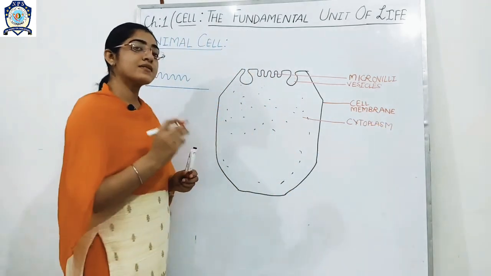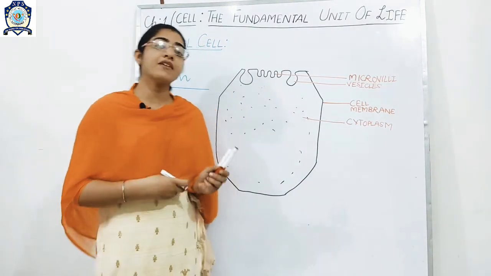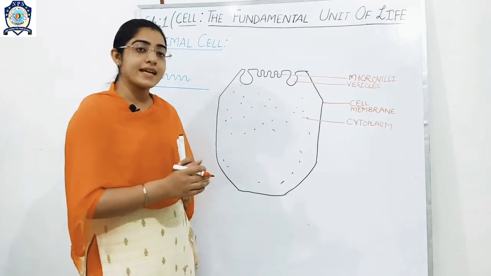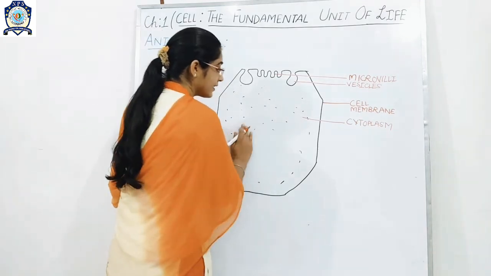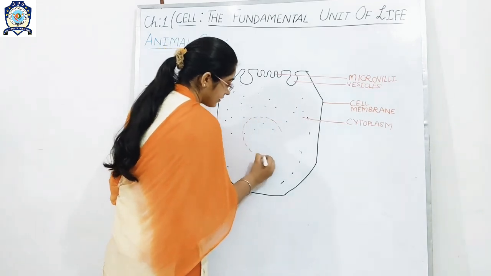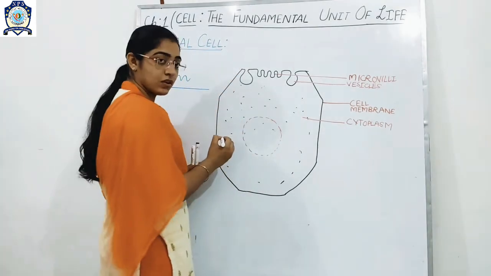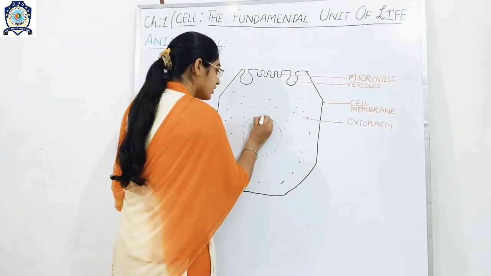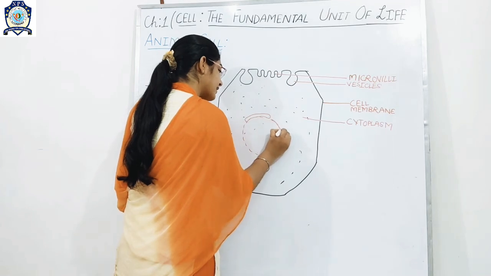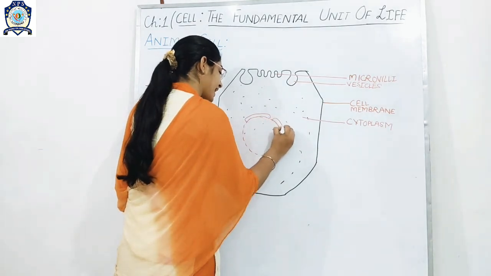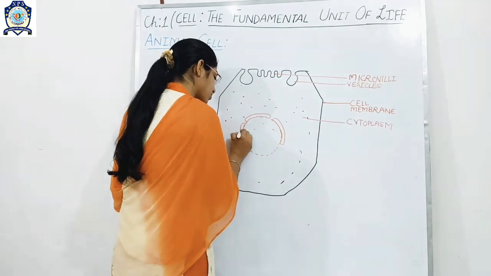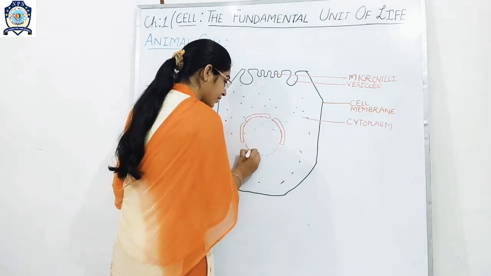Also, you have studied that in the animal cell, in the center lies the nucleus. The nucleus has a double membrane, and in certain species there is also the nuclear pore.